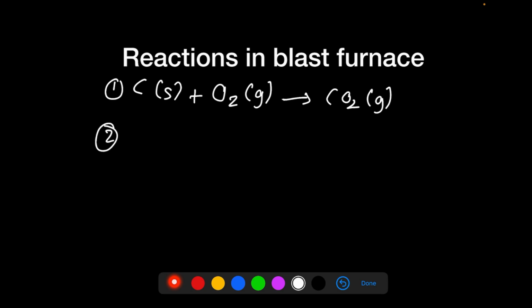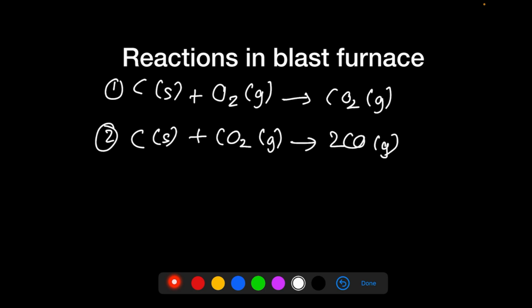The second reaction is that carbon dioxide is reduced to carbon monoxide. Carbon dioxide reacts with more coke, and the reduction is endothermic: C solid plus CO2 gas gives 2CO gas.